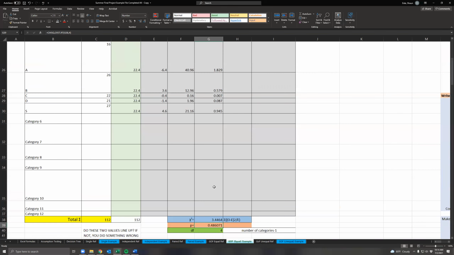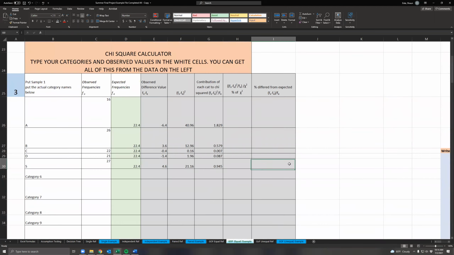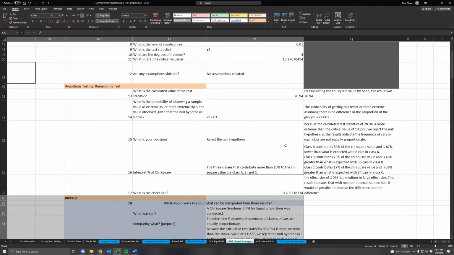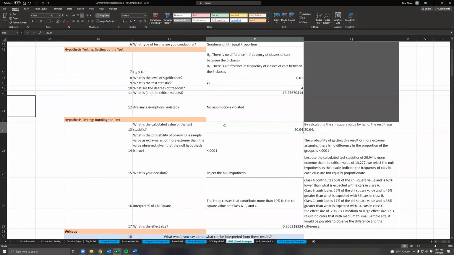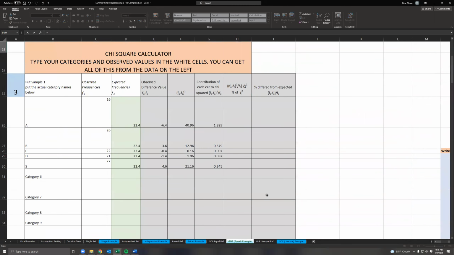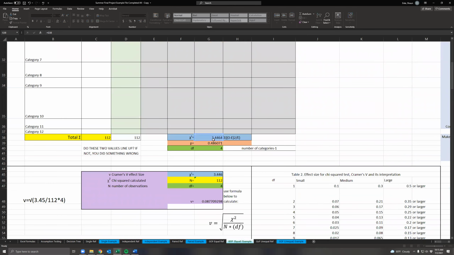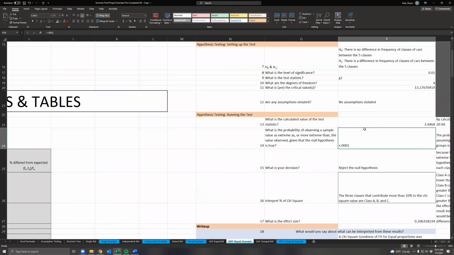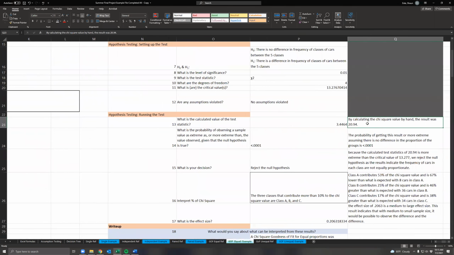And this essentially means that, well, I'll show you. Let's come right over here. What is a calculated value of the test statistic? And we're going to do equals, let's bring it right over here, 3.4464. Okay, so by calculating the chi-squared value by hand, the result was 3.4464. Okay, what is the probability of observing the sample?